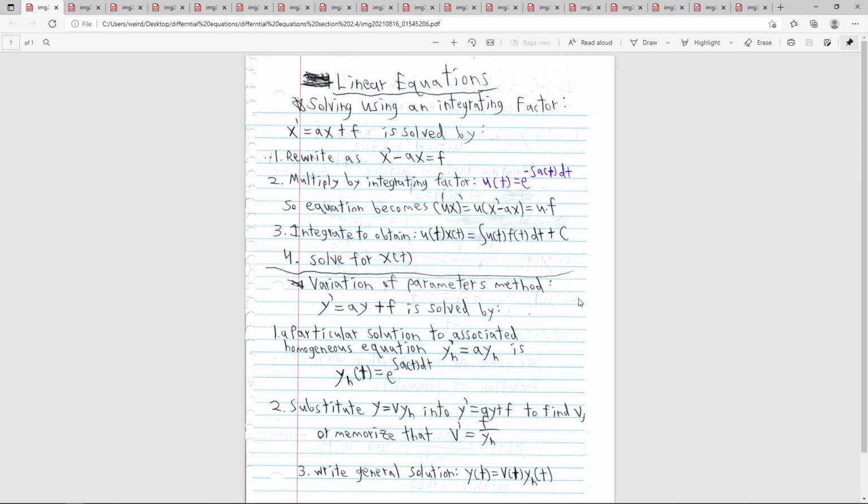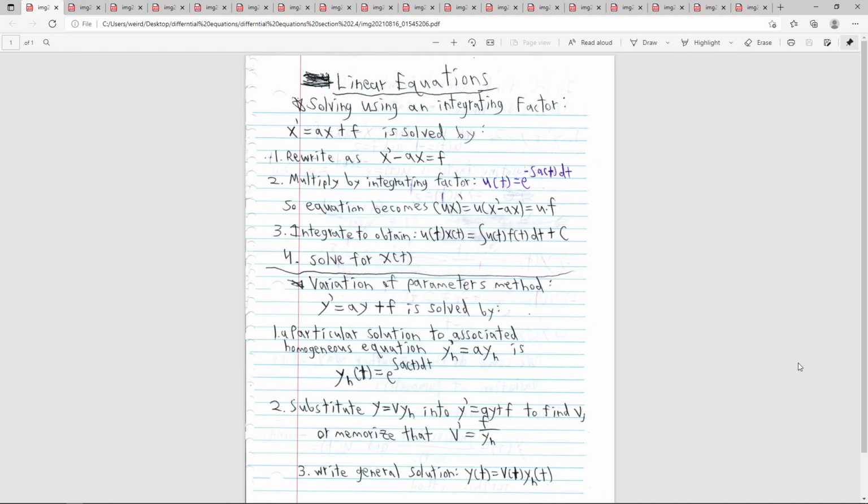Variation of parameters is another method that we won't do as much of, mainly because I find that it takes longer, or at least there's more technical work you have to do. It's easier to focus primarily on one method and just know how to do the other one if you're ever asked to do both. You could be asked to do the same problem twice on a test.